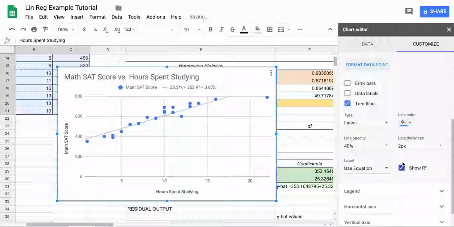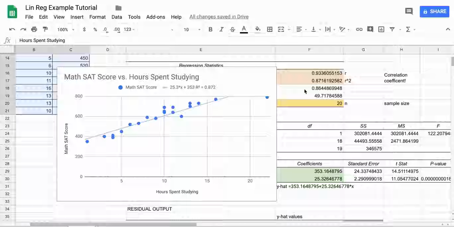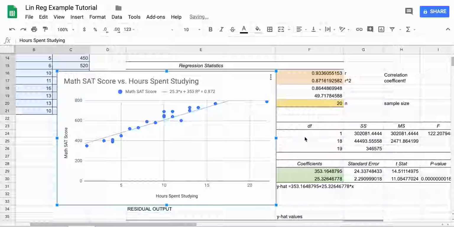We can even show r squared just to remind ourselves, is this r squared 0.872 matching up with the r squared we have over here of 0.8716? Yep, that's the rounded version. So notice how they rounded out to 25.3 and to 353 when it's much farther out than that.